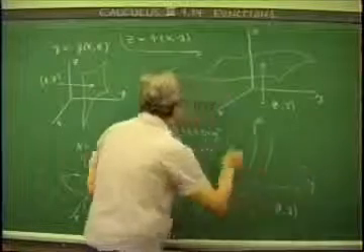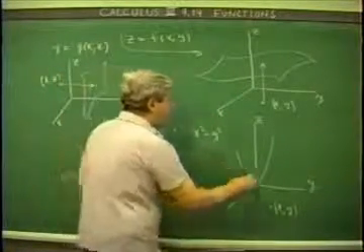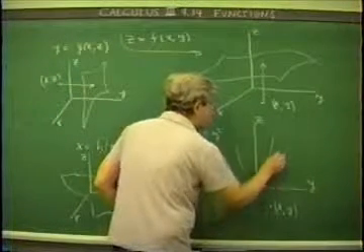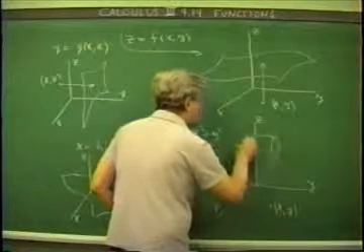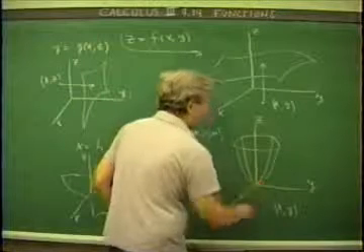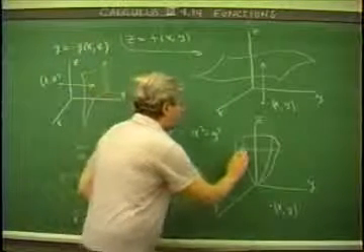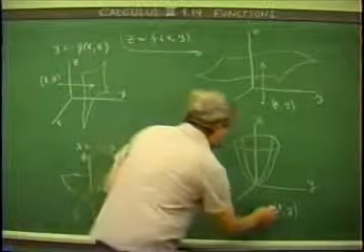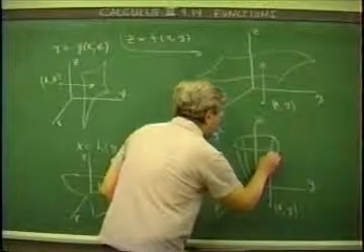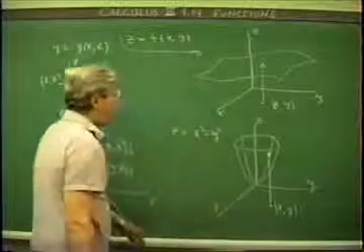When x is equal to 0, we get a parabola in the yz plane, and the resulting surface is going to look like this. Right. So above this particular point xy, there's going to be exactly one point here on the surface.